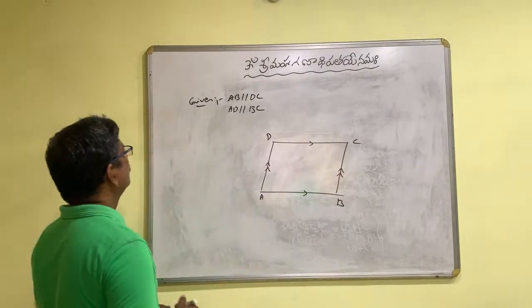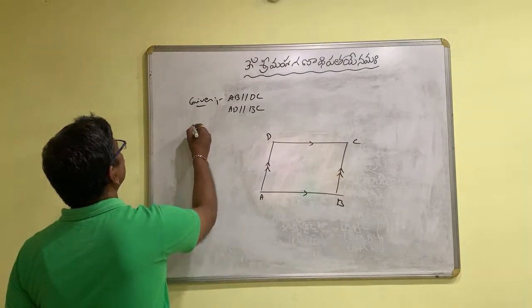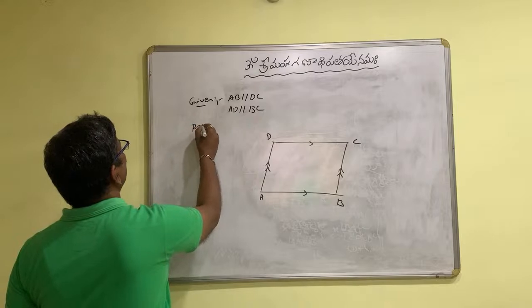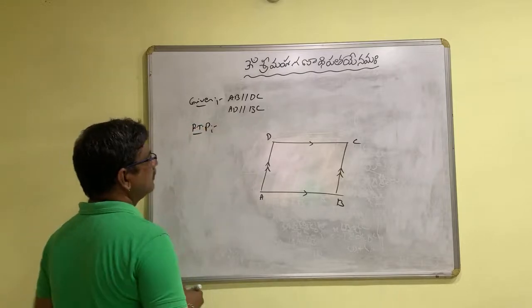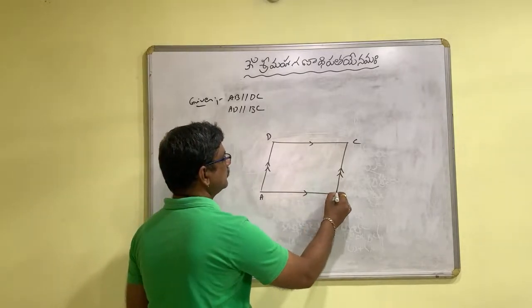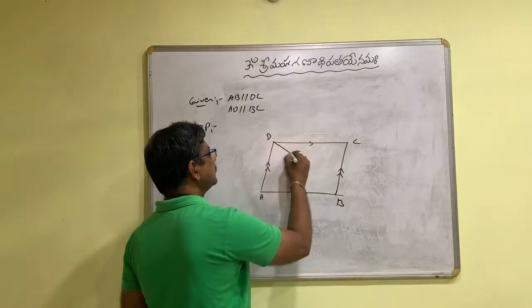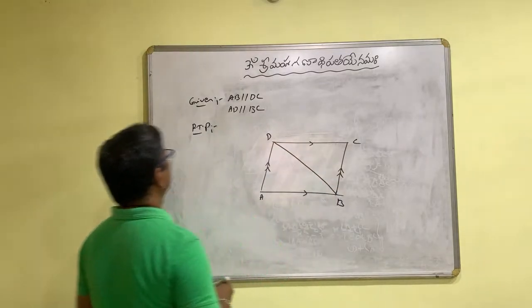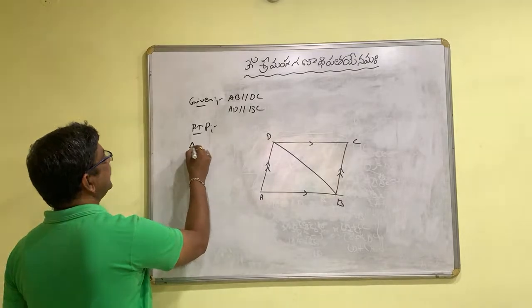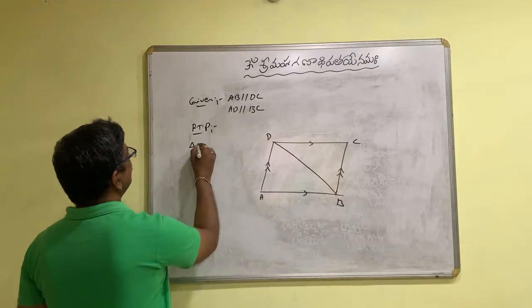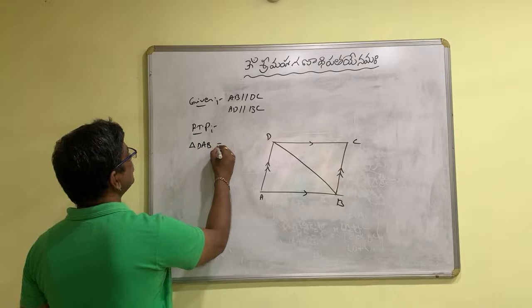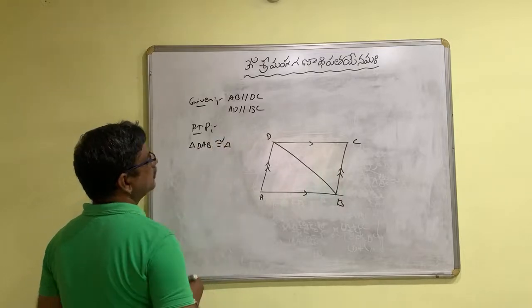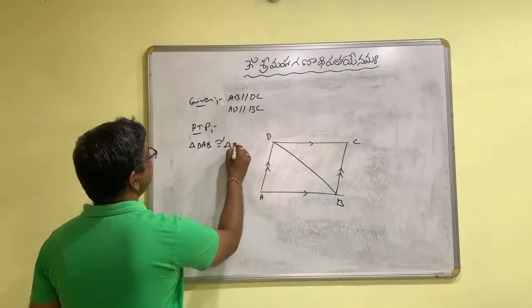Now what we have to prove. Required to prove, first I want to prove the diagonal property. What is that? I want to prove triangle DAB is congruent to triangle BCD.